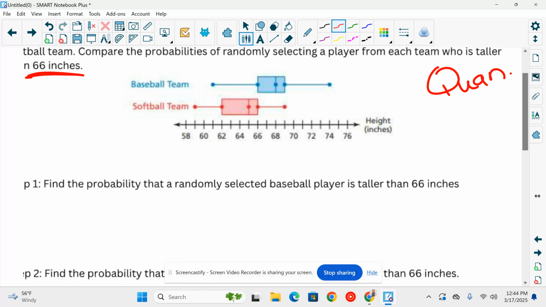If we're looking at the baseball team, what percentage or how many sections are taller than 66 inches? 75%. Because here's 66, so I have 1, 2, 3 sections, 3 out of 4 sections, which is 75%.